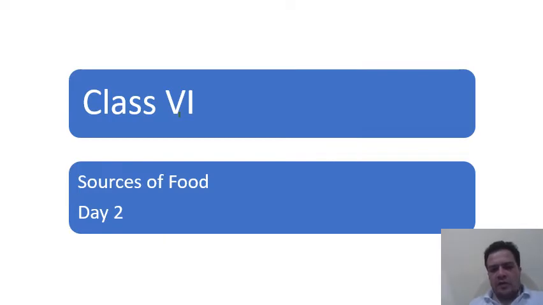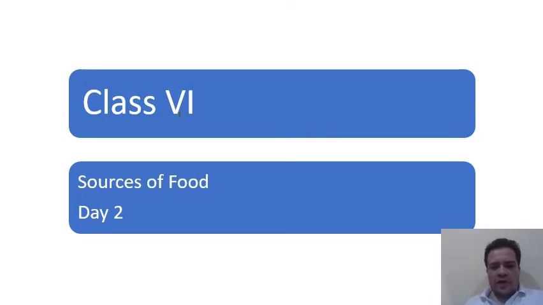Then we also discussed the varieties of food, that in different regions different types of food are eaten by different people, depending on the soil present in that region and the nutrient availability in that region.